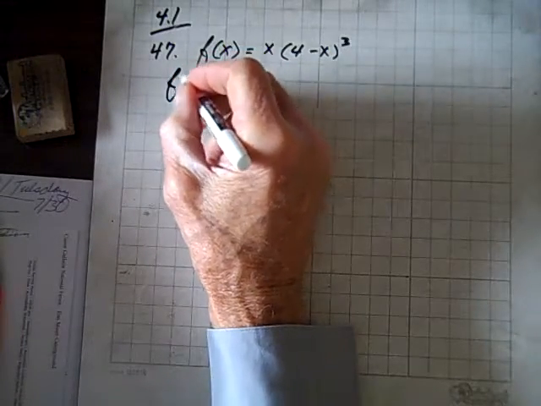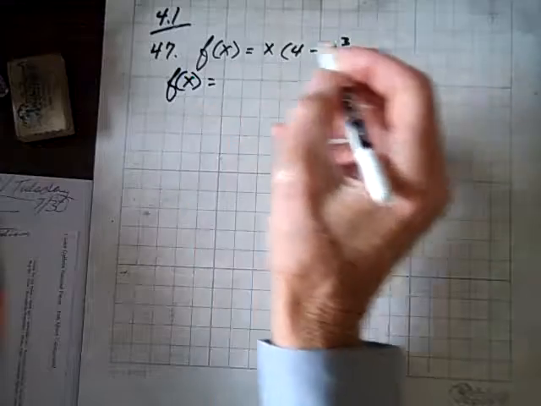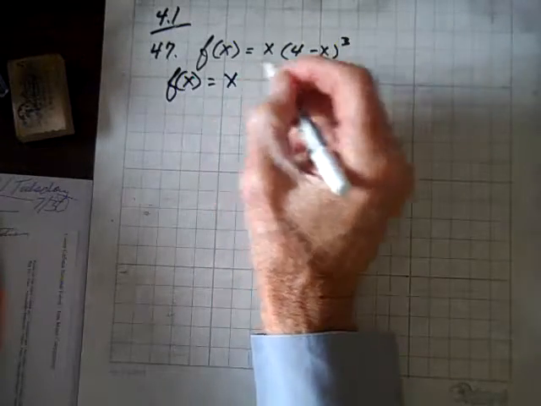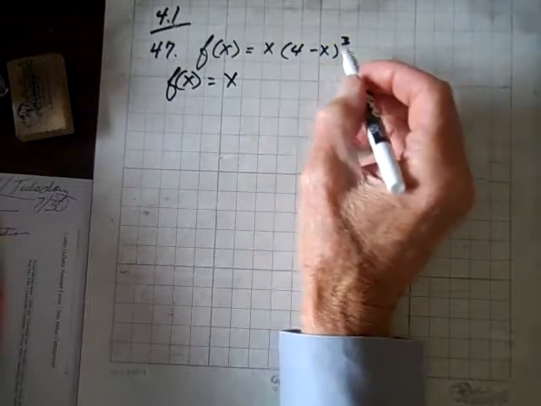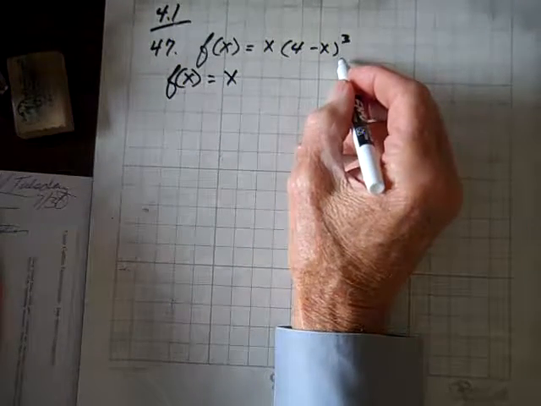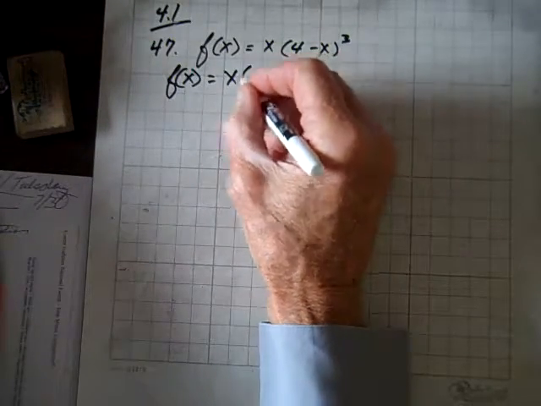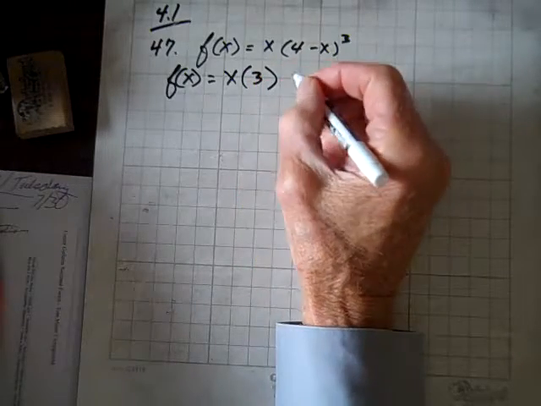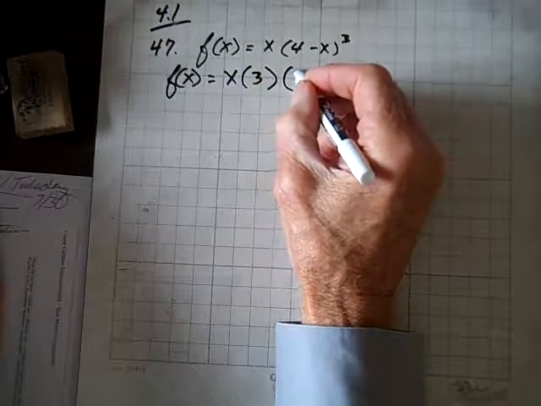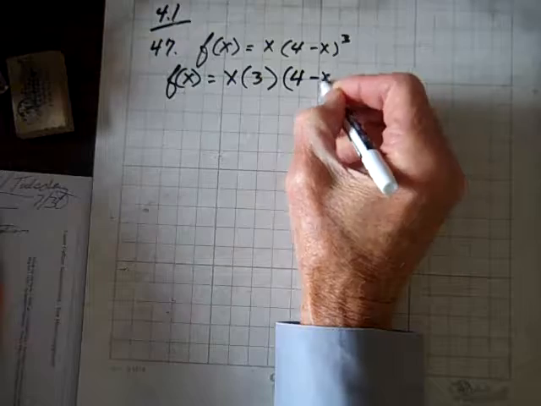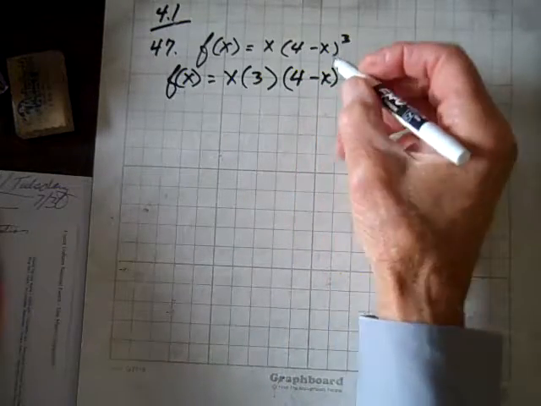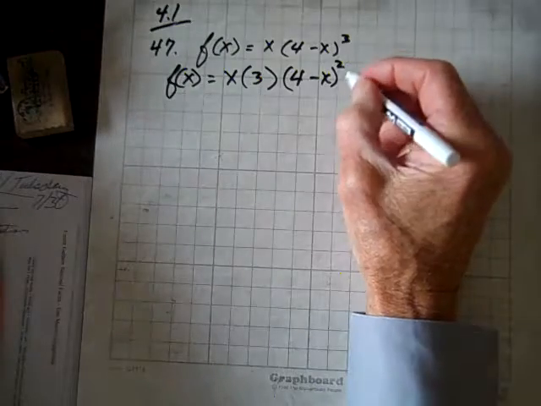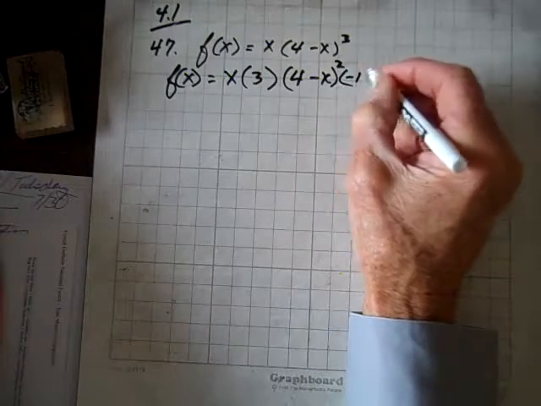So f of x equals, and we'll hold x constant, and now we'll take the derivative of what remains, and so we'll bring the 3 down, and then we have 4 minus x, and put a squared there. Then we go inside by the chain rule and take the derivative of 4 minus x, which is negative 1.